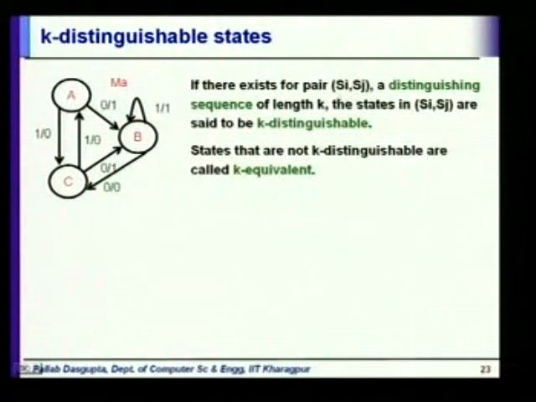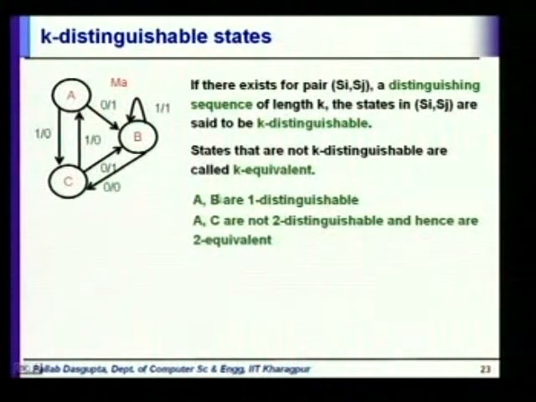For k distinguishable states, if there is a distinguishing sequence of length k, then Si, Sj are said to be k distinguishable. States that are not k distinguishable are called k equivalent. So, here A and B are 1 distinguishable, A and C are not 2 distinguishable, and hence are 2 equivalent.